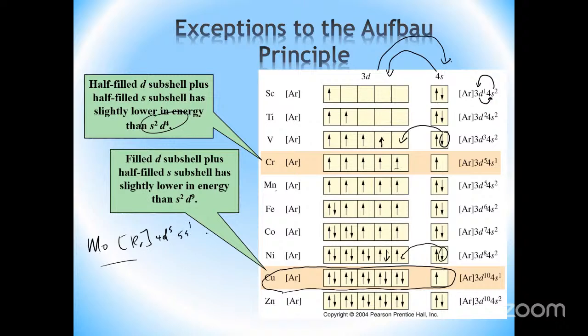That would be the configuration in the case of molybdenum, and not 4d4 5s2, right? This would not be the electronic configuration for molybdenum, for the same reason as I mentioned before, all right? Okay, so those are the exceptions to the Aufbau principle.